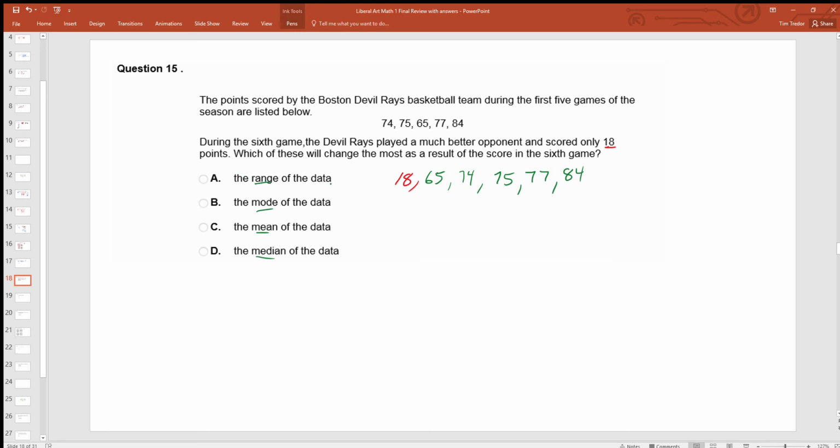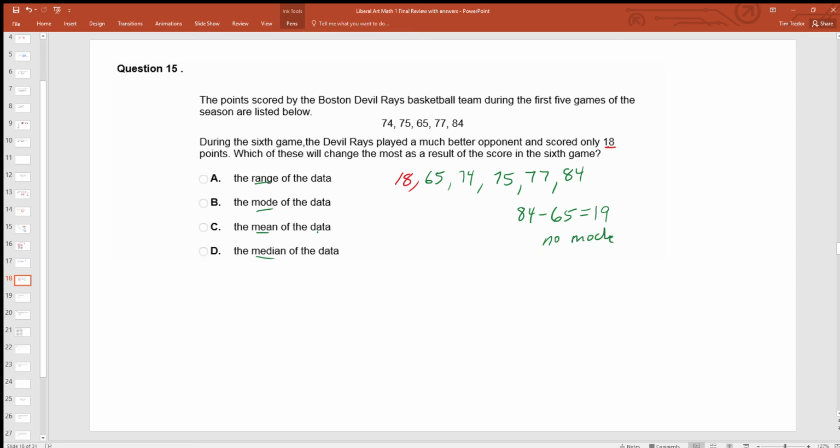The range of the data is going to be the biggest minus the smallest, so that would be 84 minus 65, which is 19. If I look at the mode of the data, there is no mode. There's no repeated number in either case, so no mode.